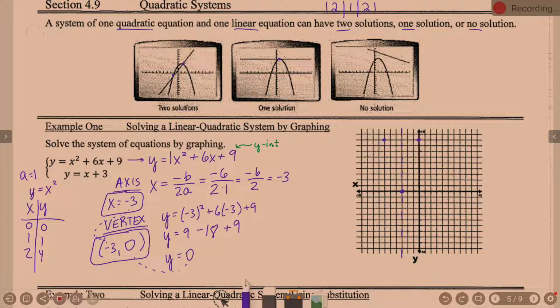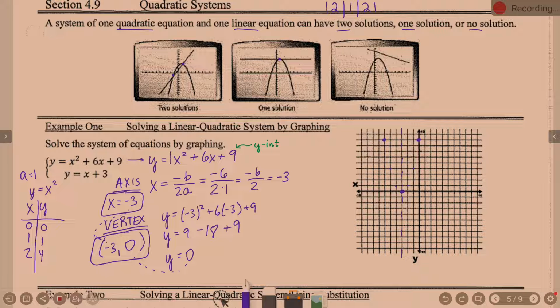I mention that because it's going to be important here. From my vertex, where am I going to have points? I'm going to have points that are 1 over, 1 up, and 2 over and 4 up from the vertex. I'm going to be looking for where these lines intersect.